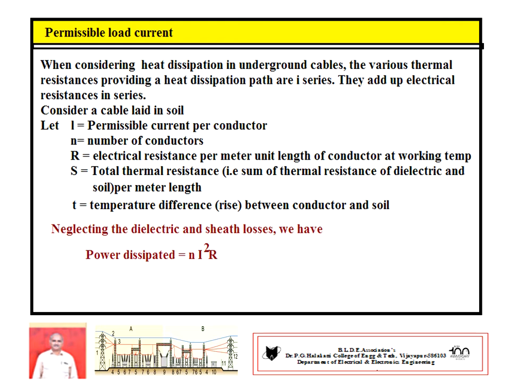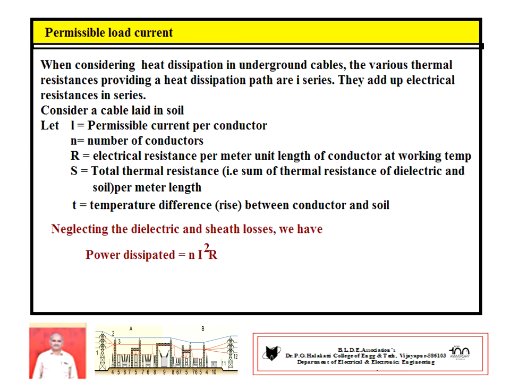When considering heat dissipation in an underground cable, the various thermal resistances providing the heat dissipation path are in series, hence they can be added up, like electrical resistances in series. Consider a cable laid in soil.